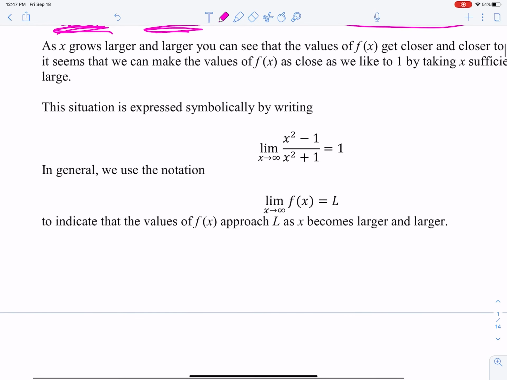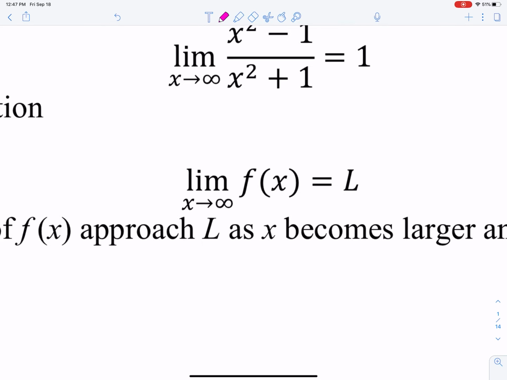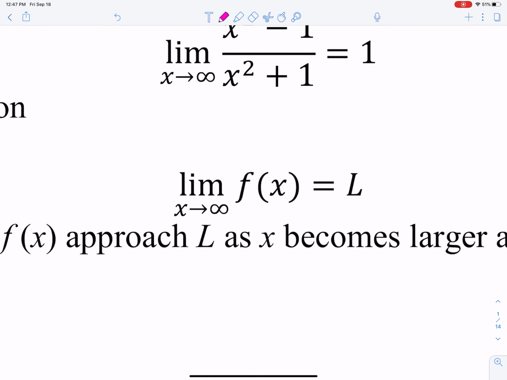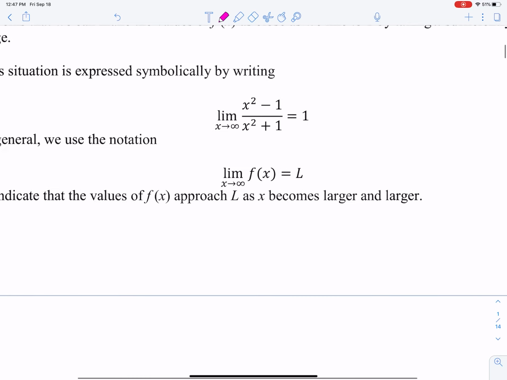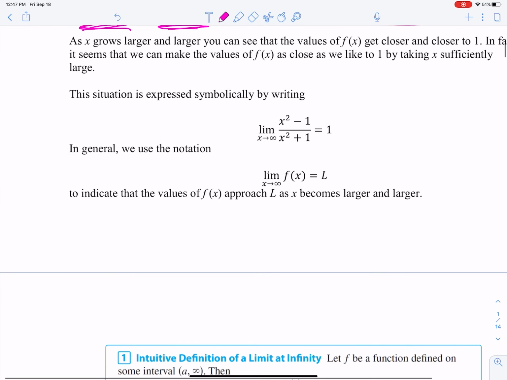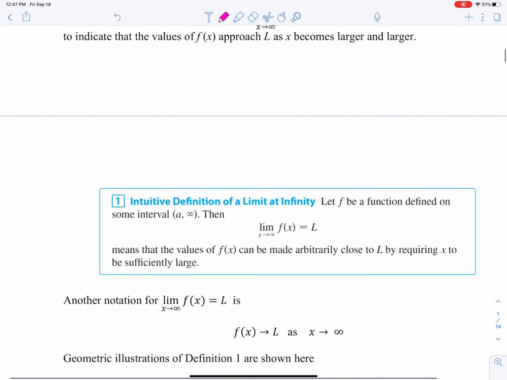In general, we use the notation limit as x approaches infinity of the function equals the limiting value L, to indicate that the values of f of x approach L as x becomes larger and larger.